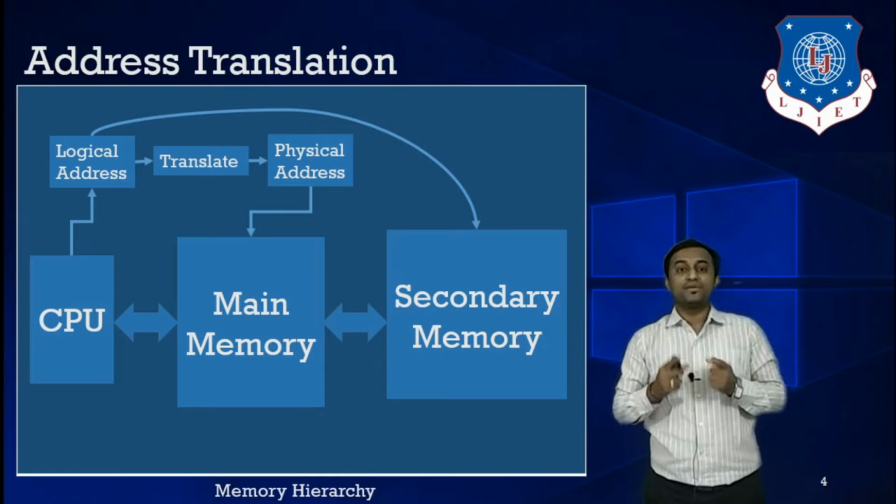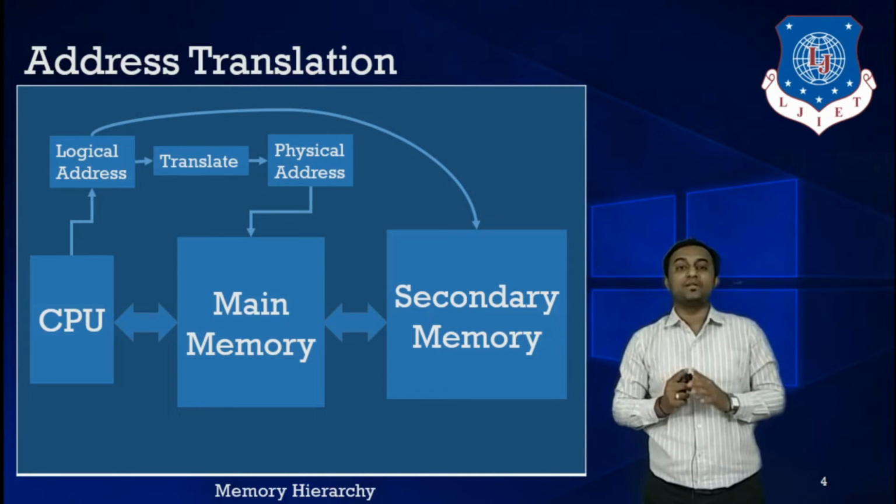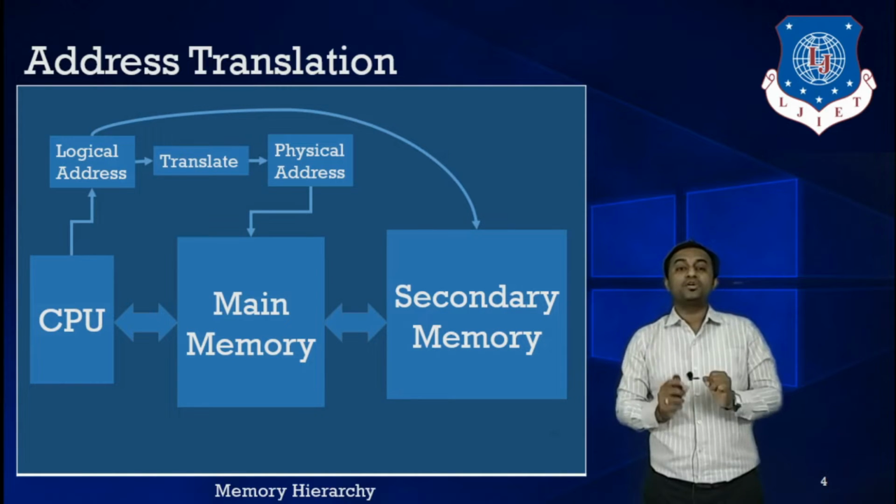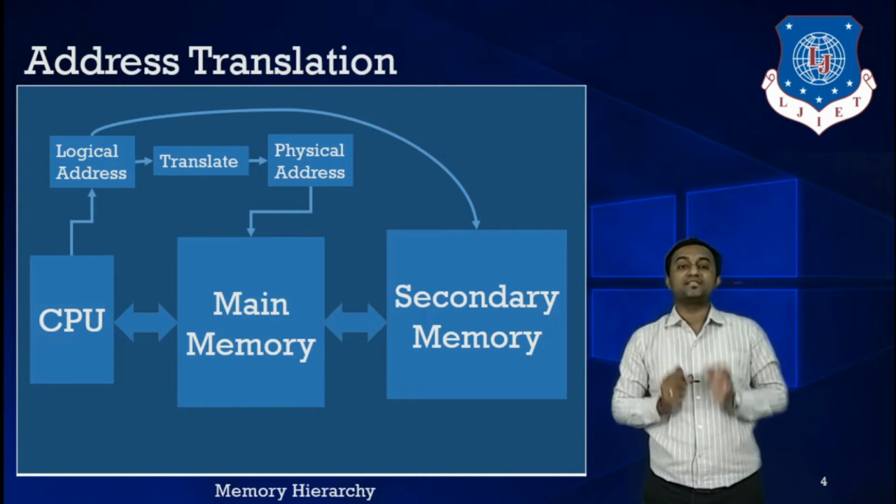If the CPU directly deals with secondary memory, the access time would be very high, and that is not desirable. That is the reason why we need to have one small amount of memory through which we can reduce the access time, and that is main memory.